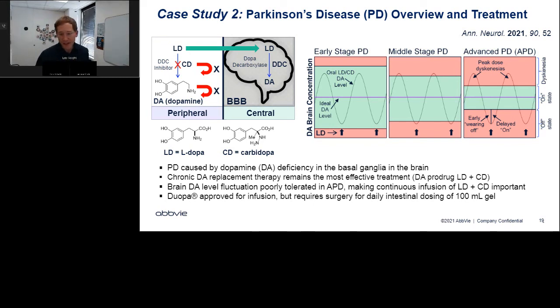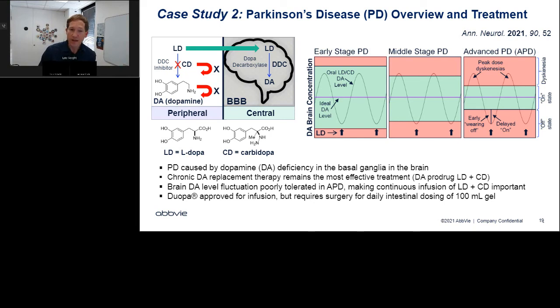And this schematic here describes a somewhat complicated biochemical pathway that gets dopamine into the brain. So levodopa in the periphery can cross the blood-brain barrier. However, in order to turn levodopa into dopamine, you need to decarboxylate it. So levodopa itself is a prodrug of dopamine. However, you don't really want this to happen in the periphery. You only want it to happen in the CNS.